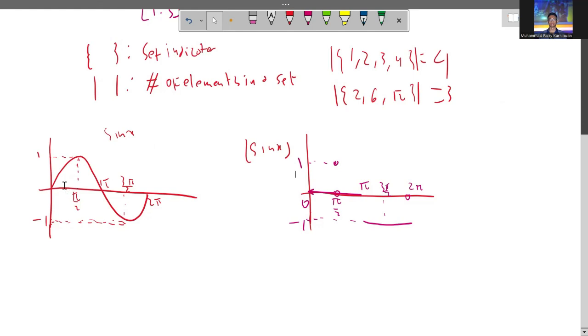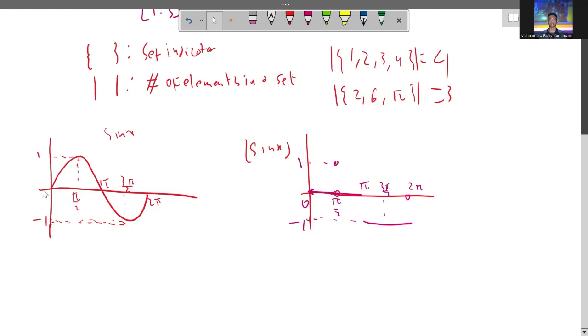In the interval from 0 to pi over 2, the value of sine of x is between 0 and 1. If you take the GIF of any of those values, it is 0. So let's say the sine of x is 1/2. In the case where x is equal to pi over 6, then the GIF is 0. Same goes for square root of 2 over 2, it will be 0. Square root of 3 over 2, it will also be 0.